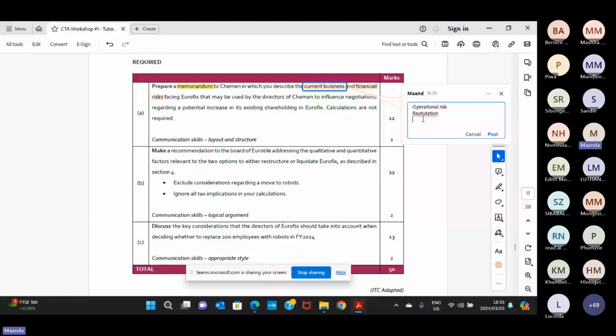Then the strategic risk. As a company, you have a strategy. For example, you say we're going to introduce a new product. Then the risk is anything that affects you being able to sell that new product, so it's affecting the strategy you want to implement. That also falls under this.